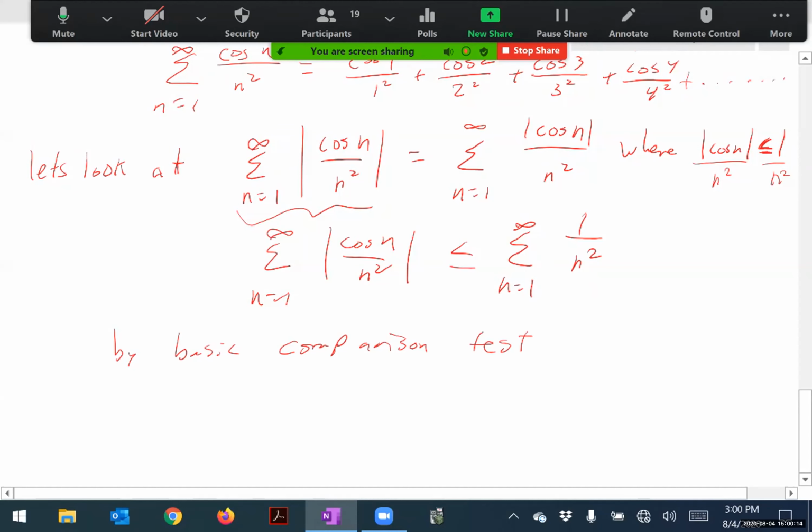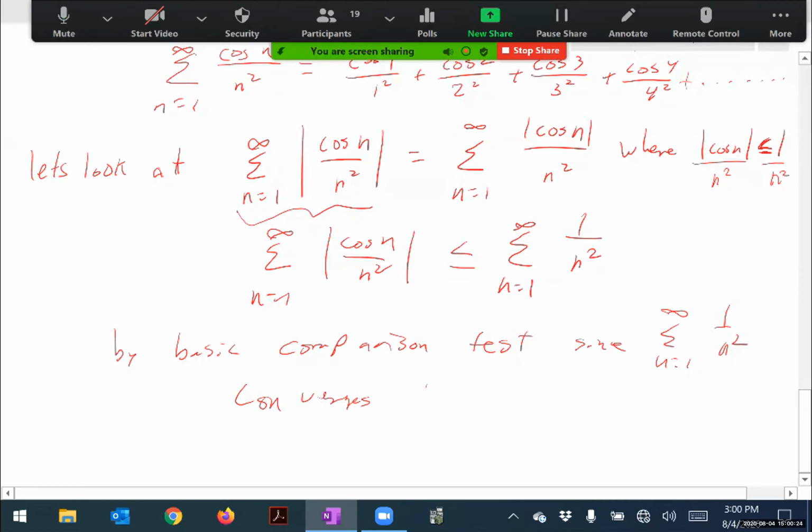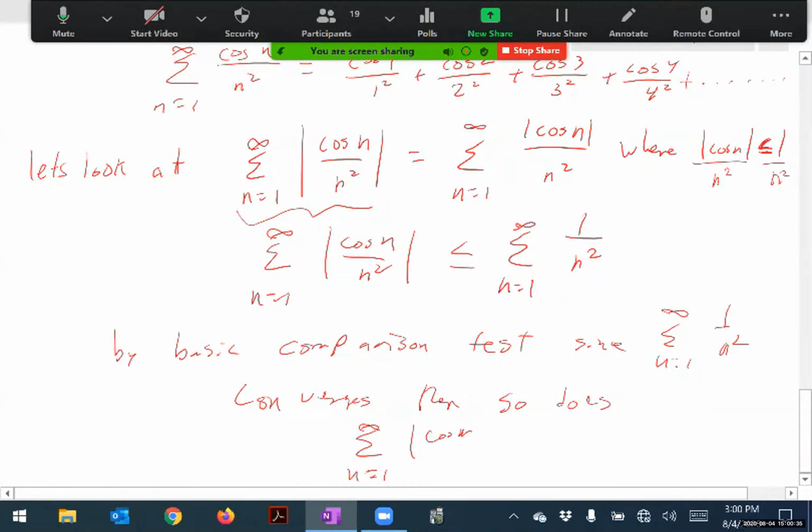By the basic comparison test, since the summation from n equals 1 to infinity of 1 over n squared converges, then so does this guy, the summation from n equals 1 to infinity of cosine n over n squared, also converges.